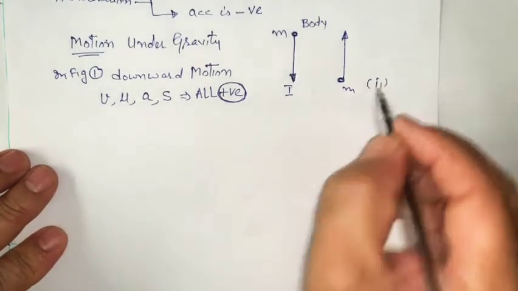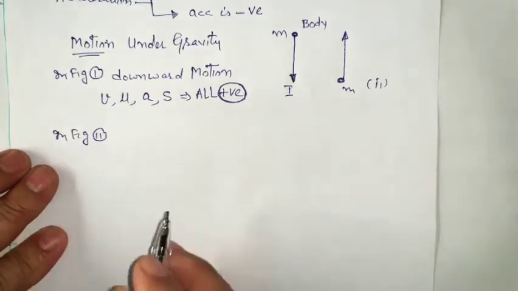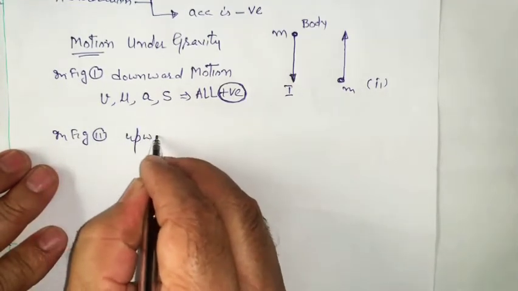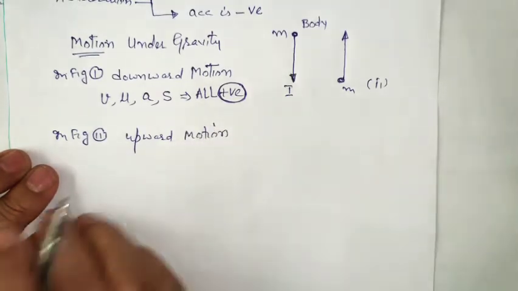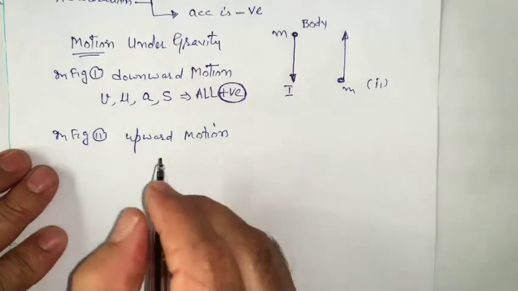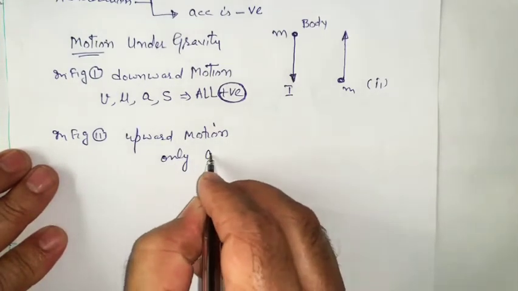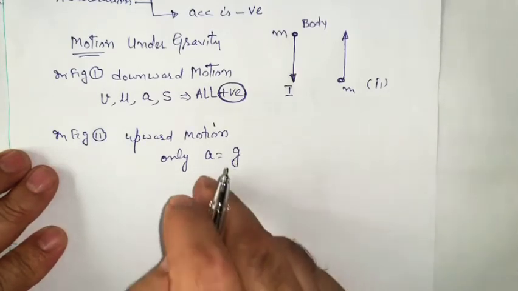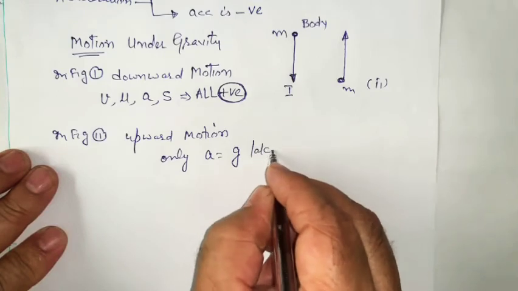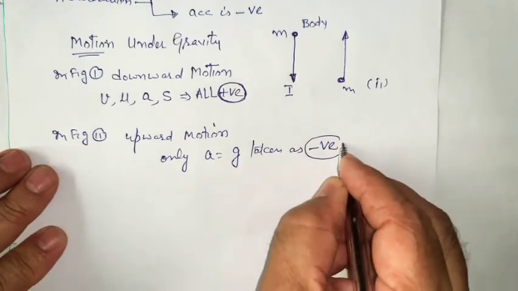In figure 2, upward motion, only A, which is equal to g, is taken as negative.